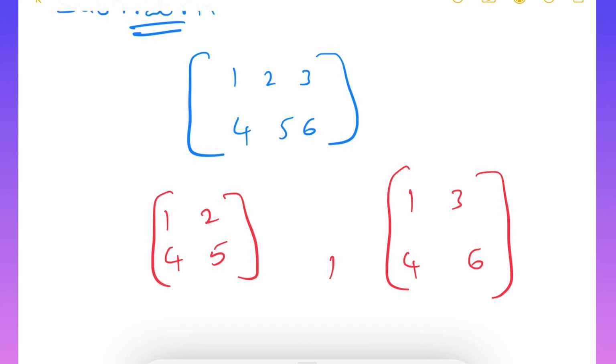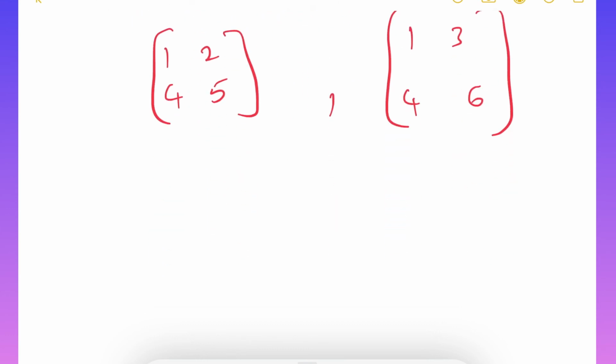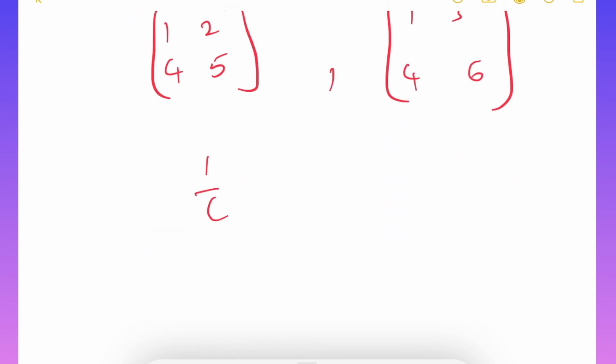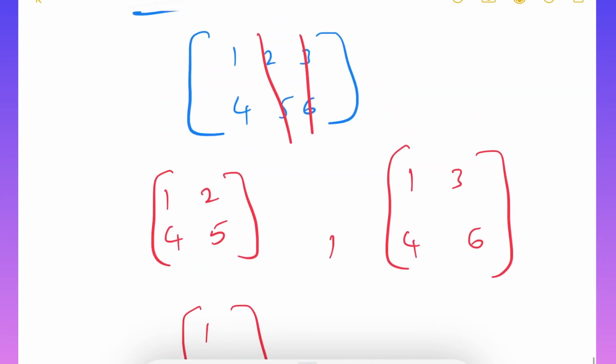Now instead of removing only one column, I will remove two columns completely. Then we remain with 1 4, which is a column matrix. This is also a submatrix of the original matrix. You can delete one row, or one column, or columns, rows, anything you want.